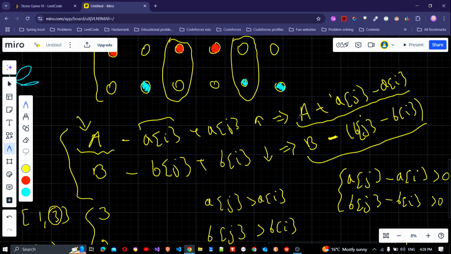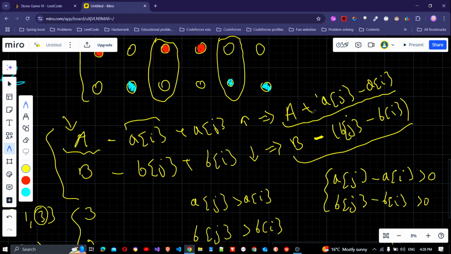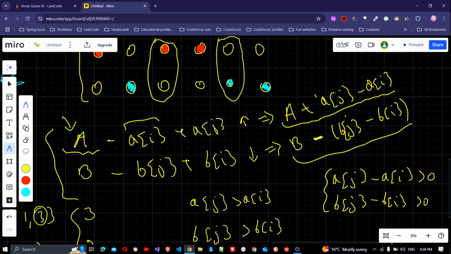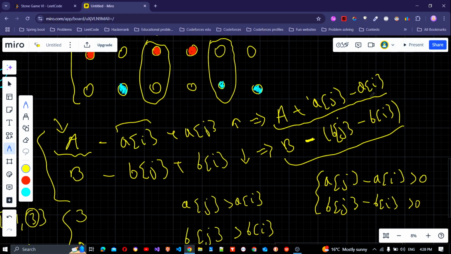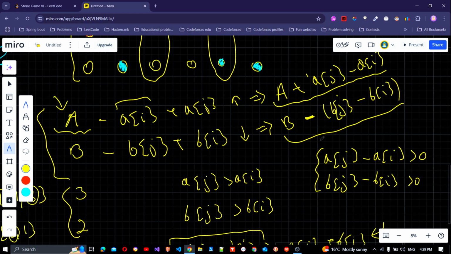After that, we reasoned that by doing this, any player, in this case Alice, would like to increase her score. Alice's new score is her previous score plus AJ minus AI. The score only increases if AJ minus AI is positive. So we write this down here. And for Bob's score, notice that there's a subtraction.